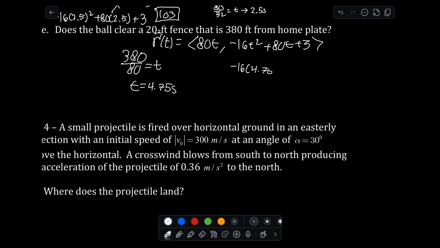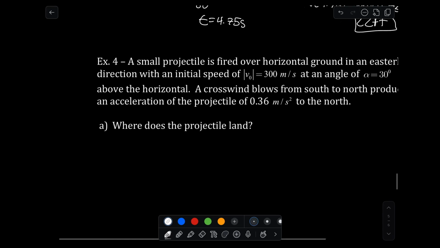And this part should be greater than 20, but we can double check. I have my trusted calculator by my side. Plus 80 times 4.75 plus 3. It clears it by just 2 feet, so that would be a home run.